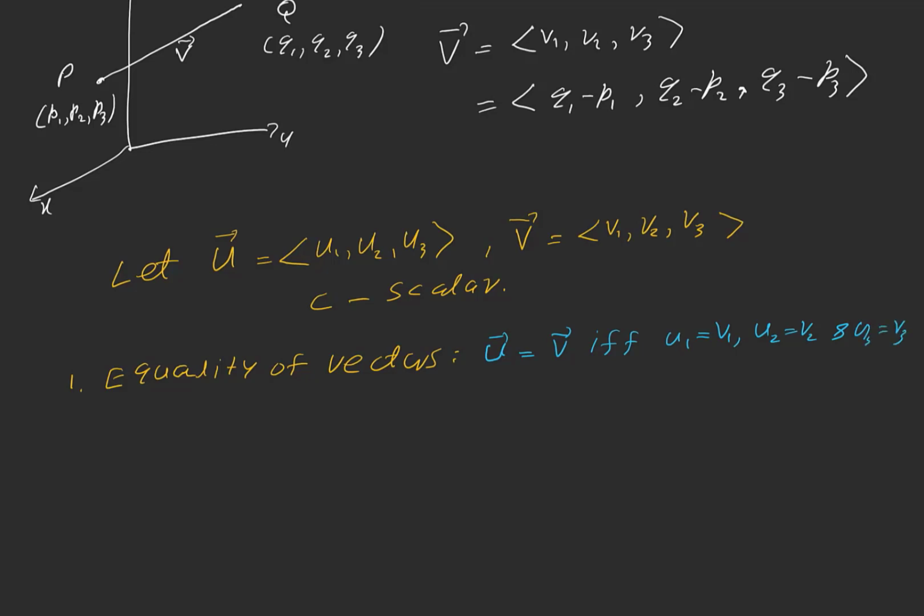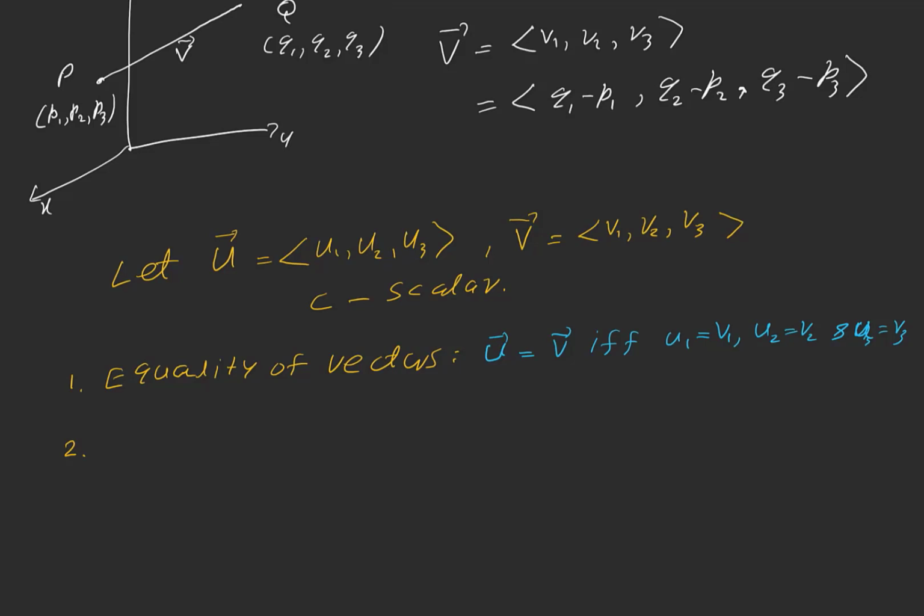Again, it is the same thing as in 2D, but here we have one extra value for z, that's it. Because in 2D we had only two, x and y, but here we have three, x, y, z.